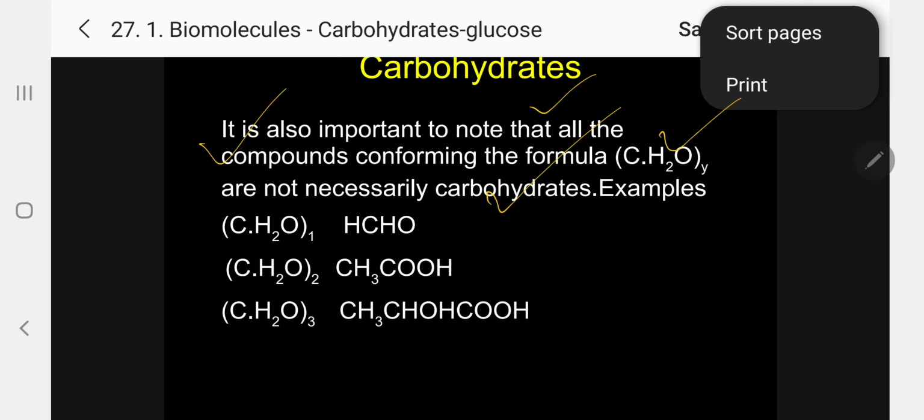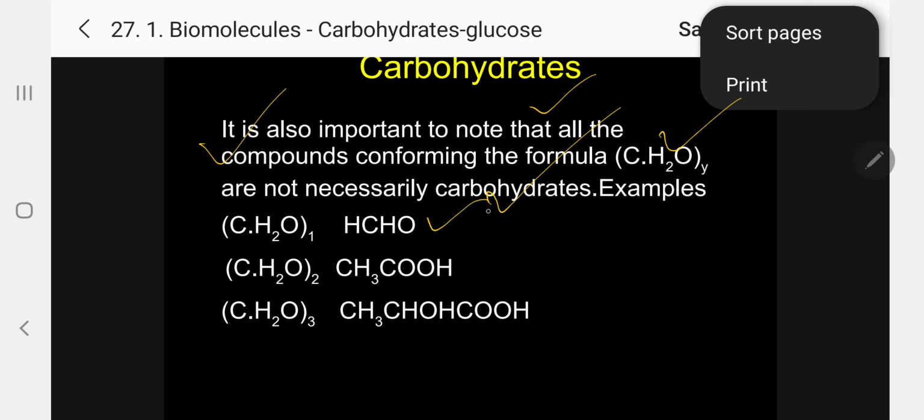So first we are telling that all carbohydrates will contain the formula Cx(H2O)y. Suppose x and y equal to 6, it is glucose, fructose, etc. But now I am telling it is also important to note that all the compounds containing the formula Cx(H2O)y are not necessarily carbohydrates.